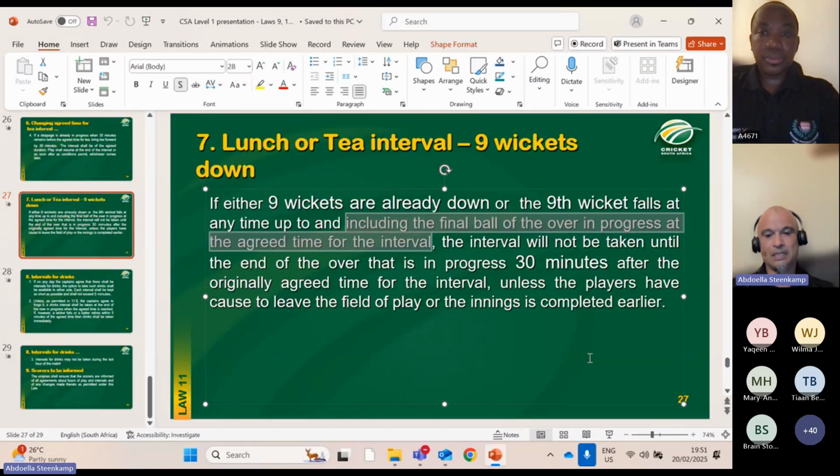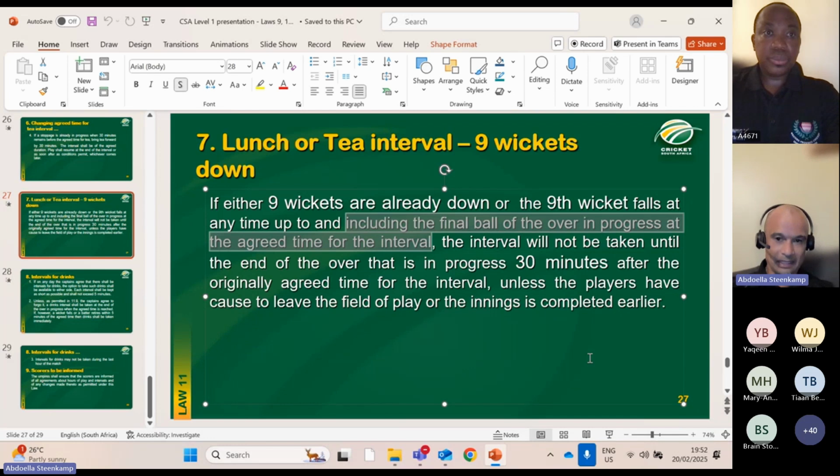So what this means practically is, in your example, let's say South Africa, it's now 12:02, but we're still busy with the 4th ball of the over. So we cannot take lunch. We need to complete the over, but South Africa is 200 for 8. So the 5th ball of the over, a wicket falls. The 9th wicket gets taken, the 5th ball of the over. So what happens? The law guides us.